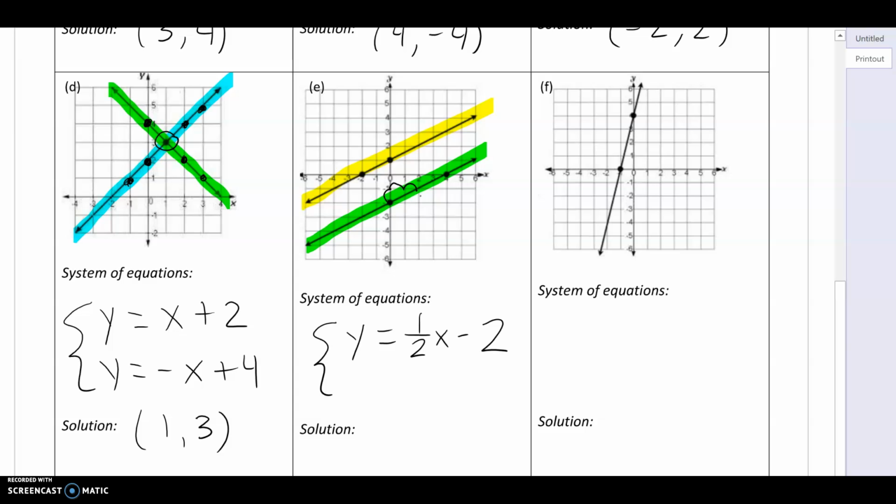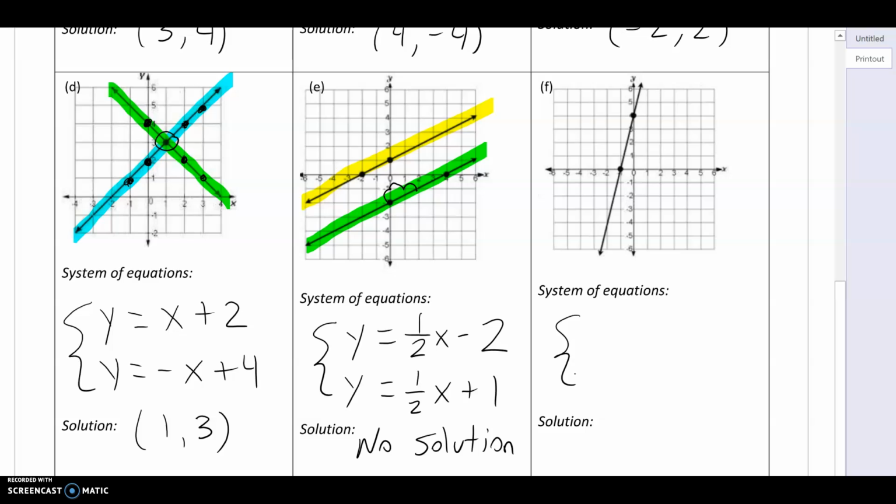For the yellow line, the y-intercept's at 1, and I'm also only going up 1 over 2. So my equation is 1/2 x plus 1. And this is no solution. For parallel lines, what you'll see is that the slopes are the same, so the lines are parallel, and the y-intercepts are different. And they will not have an intersection point.